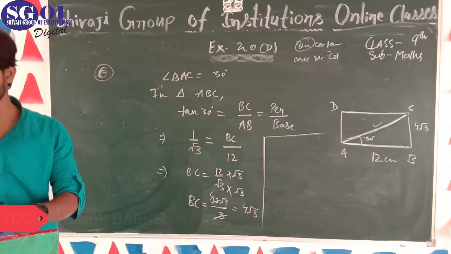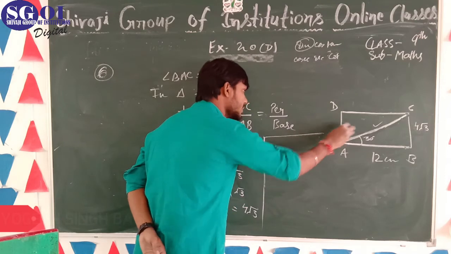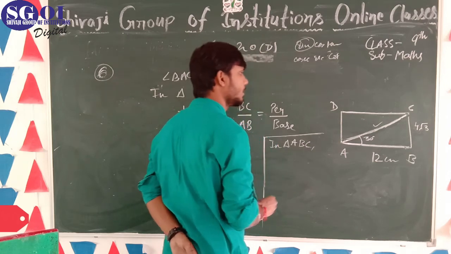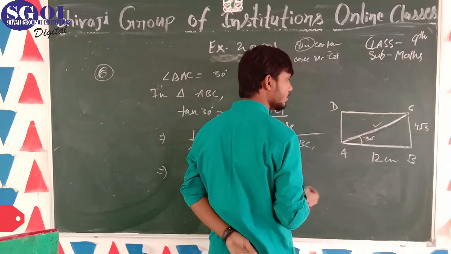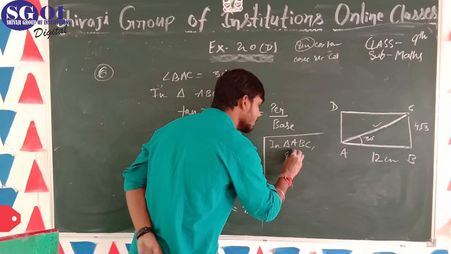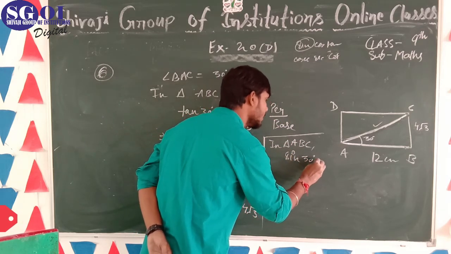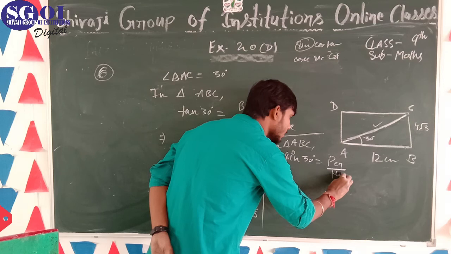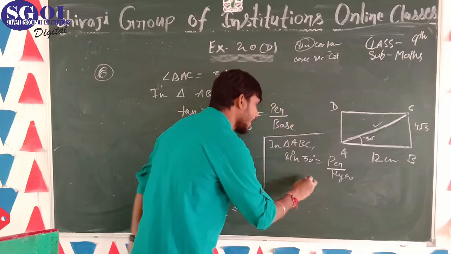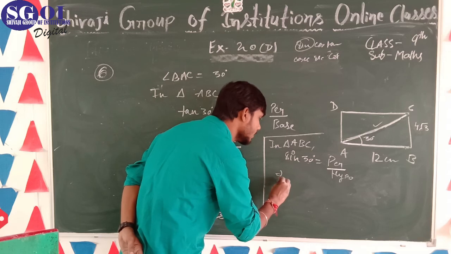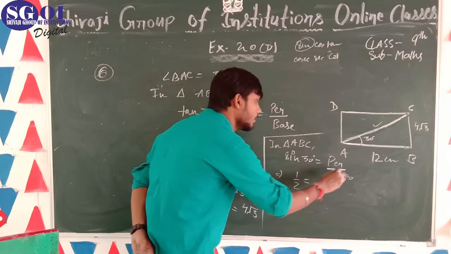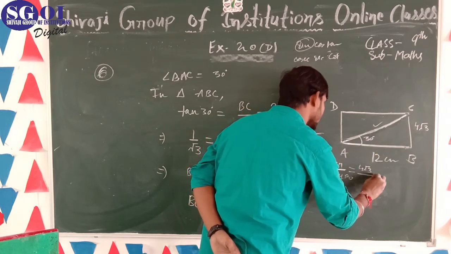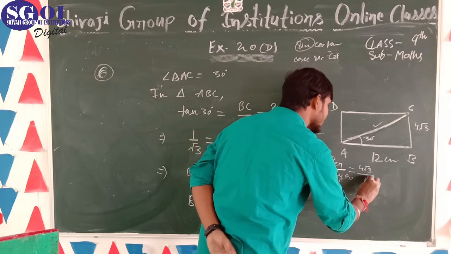Now let's see how to find the diagonal. In the same triangle ABC, because we have to find the hypotenuse, we use sin 30 degrees. Sin 30 is perpendicular upon hypotenuse. Sin 30 is 1 by 2, the perpendicular is 4 root 3, and the hypotenuse is AC.